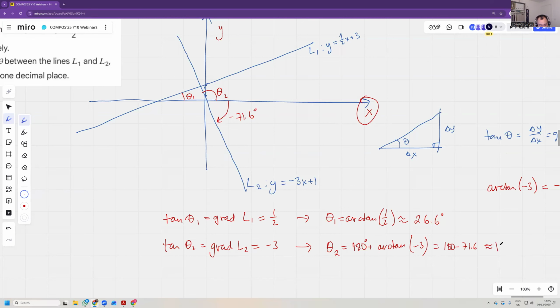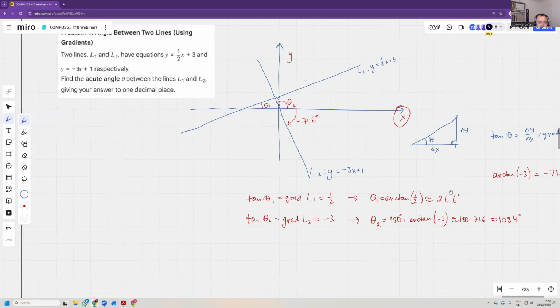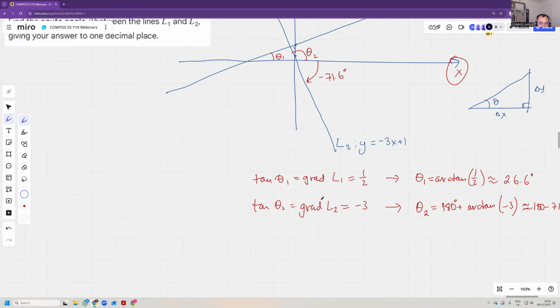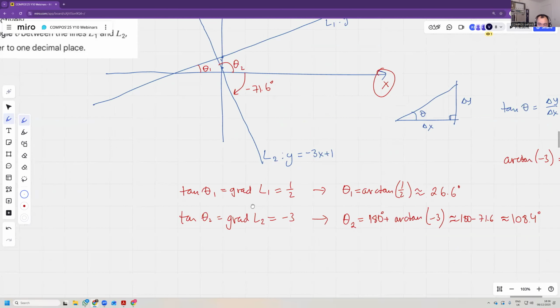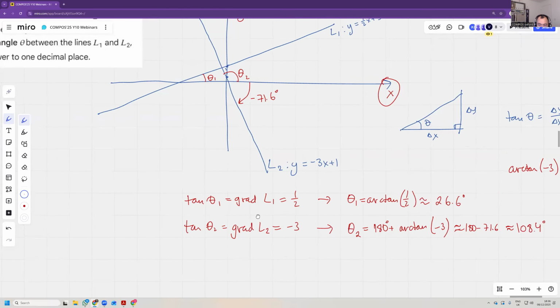It's 108.4 degrees. Okay, 108.4 degrees. And now we need to find the acute angle between them.